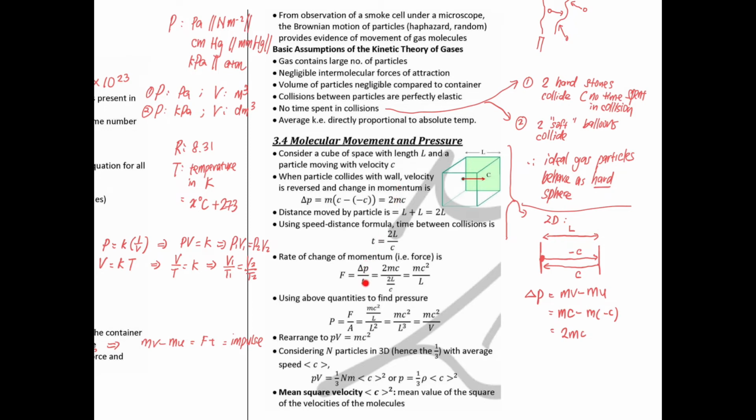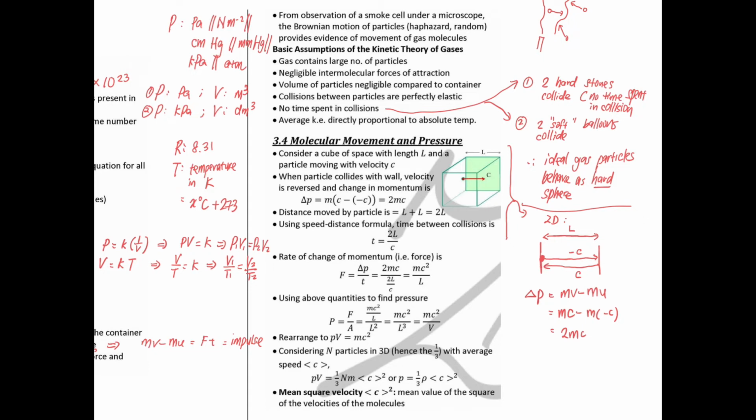Time is 2L over c. We substitute at the bottom. Then we simplify. Then we get mc squared over L. So this is the force. Okay, this is the force because of a particle, that means one particle. The force because of one particle that collides with the container and bounces off.